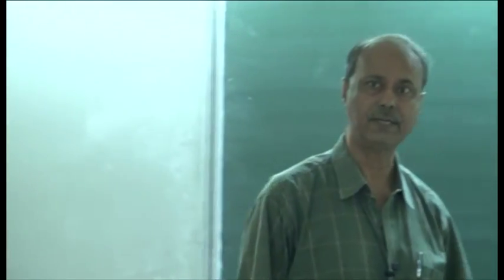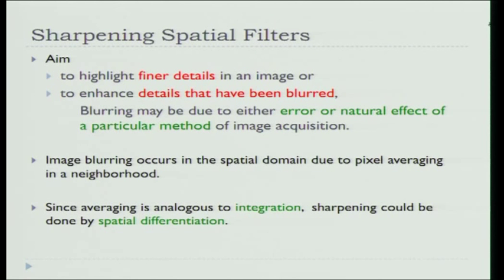Average is nothing but the sum of neighboring pixels divided by the total weights, and obviously this is analogous to integration. So if you want to deblur, you want to perform the reverse operation, something similar to differentiation, which will give you the sharp component. Am I right? That is your aim.